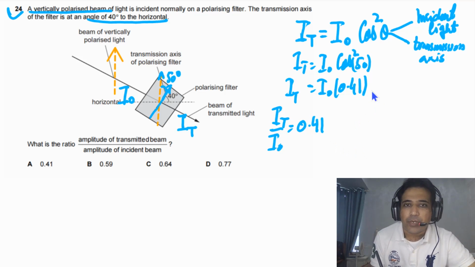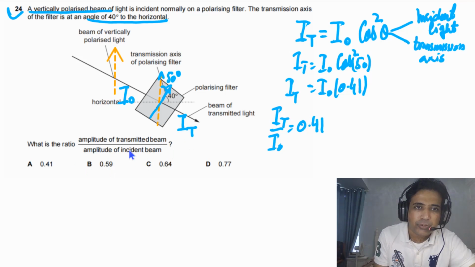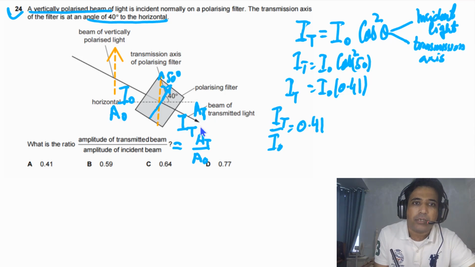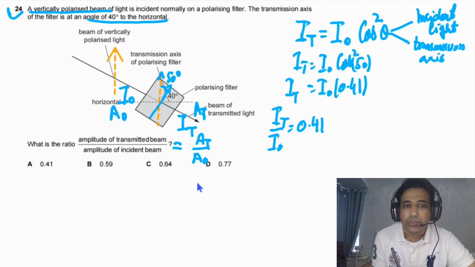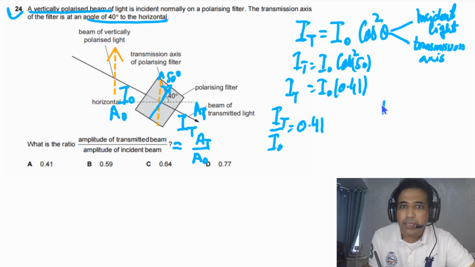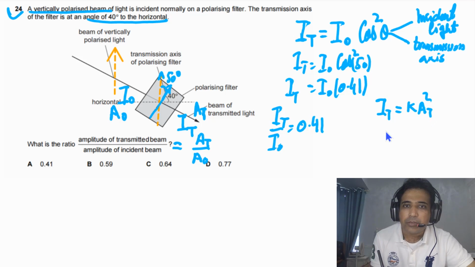Now this is not the final answer. We need to find the ratio between amplitude of transmitted beam AT over A naught. So we can say amplitude of incident light is A naught, amplitude of transmitted light is AT. We have to find ratio between AT over A naught. But we understand that IT is equal to K times AT square, and I naught is equal to K times A naught square.